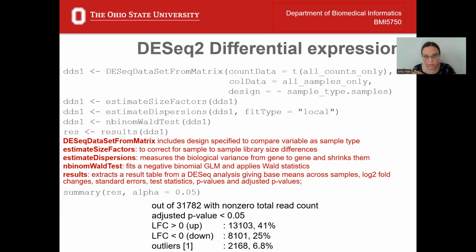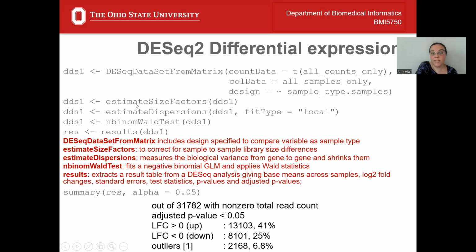We put all of those things together using the DESeqDataSetFromMatrix function, and that's going to package everything up into a DESeq2 object. It's a combination of data objects, I think it's a list. So it's all packaged up, and now we can apply DESeq2 functions to this object.